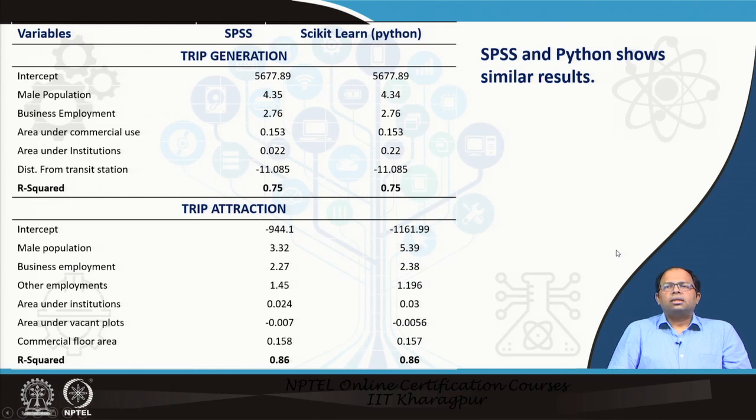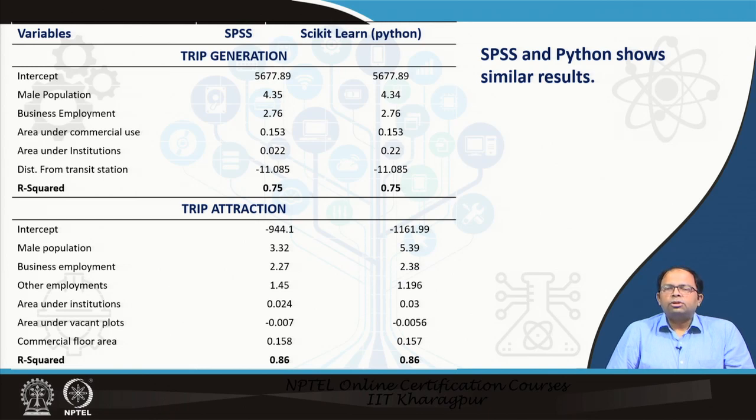So, what we can conclude is that it is very easy to write this kind of code in Python, because this kind of code is already available, and you can also understand the model building process remains the same. The only thing is, instead of typing in the code, we are selecting these variables from a list of variables in the case of SPSS, and we have to write a little bit more in the case of Python.